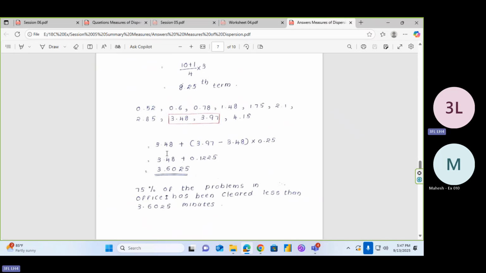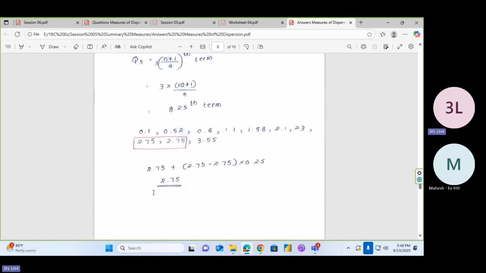Okay, then it means 75% of the problems in office 1 have been cleared in less than 3.6025 minutes. That is the meaning here. Understood? This is Q3, it's clear.